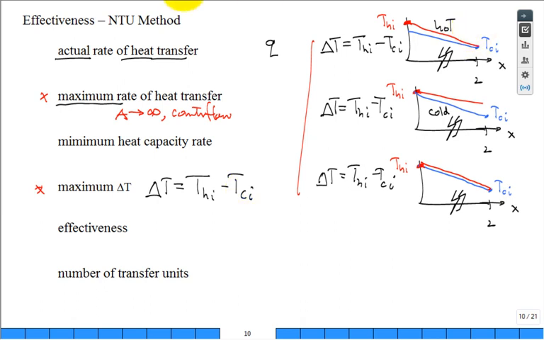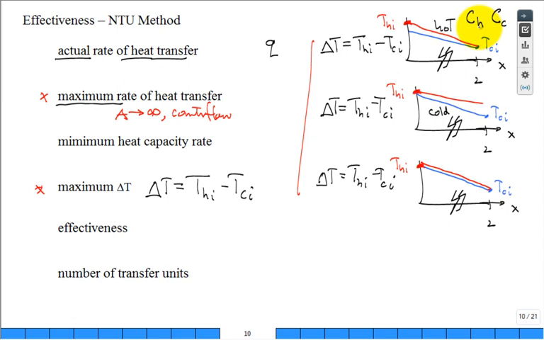We're going to have a heat capacity rate of the hot fluid, C hot, and a heat capacity rate of the cold fluid, C cold. For the first case, the top case, which one is the minimum and which one is the maximum? Which one has the smallest heat capacity rate, the hot fluid or the cold fluid?